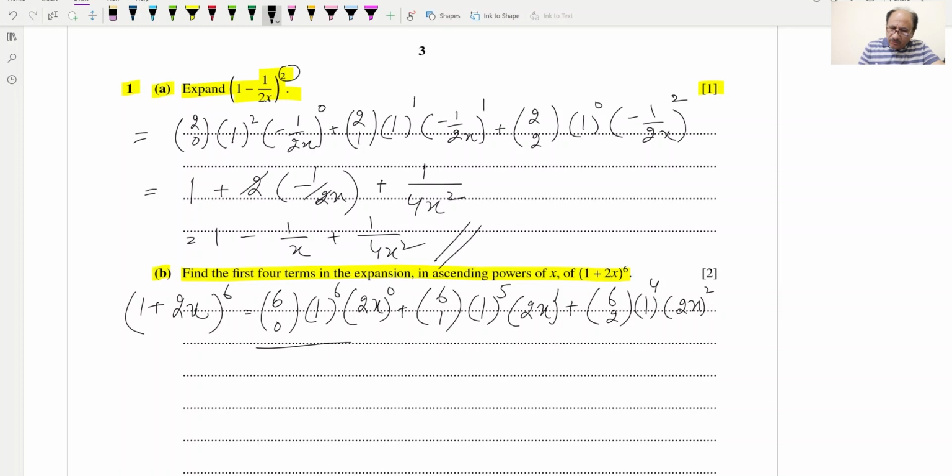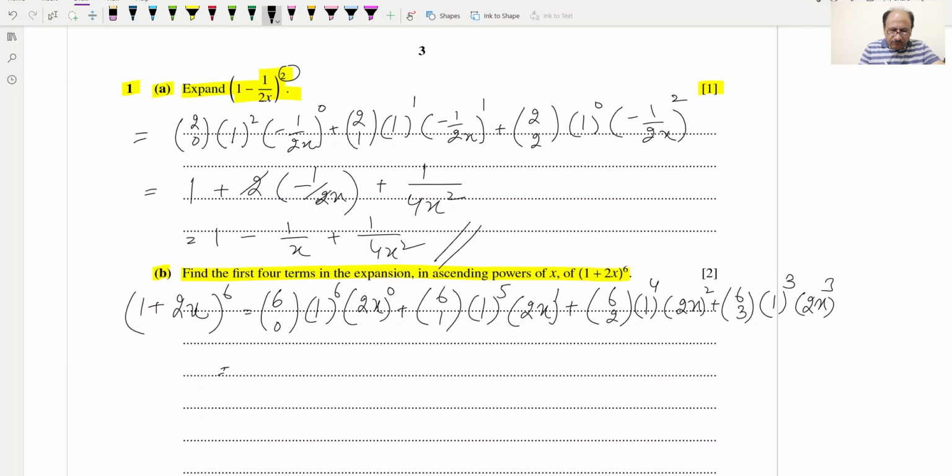So we have written 3 terms, and the fourth term will be 6C3, 1 raised to the power 3 and 2x raised to the power 3. These are the 4 terms.